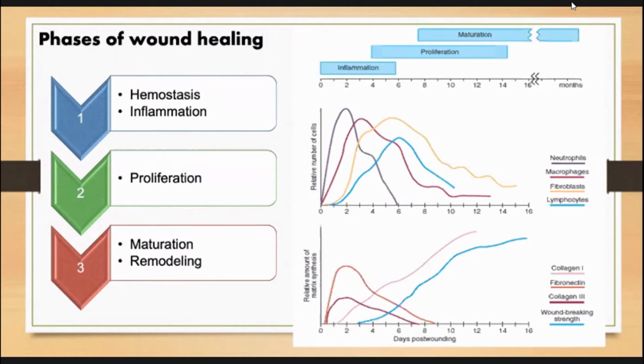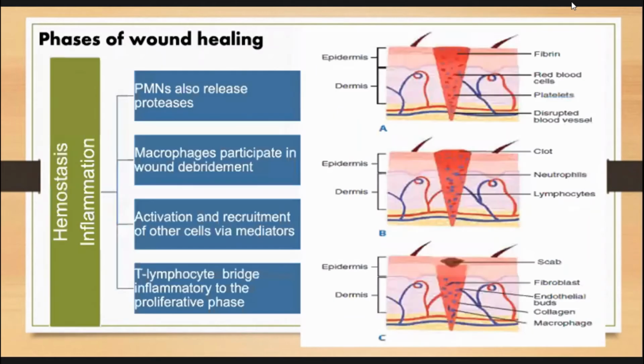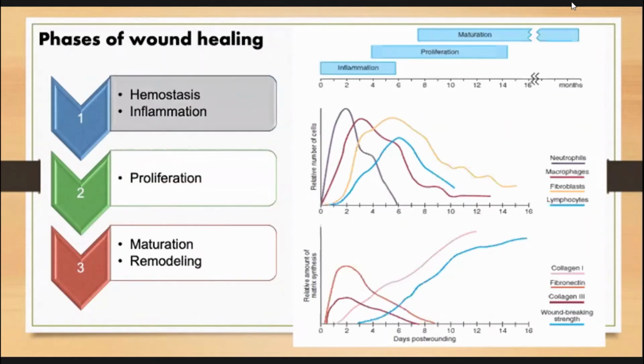And these act as chemotactic factors for neutrophils that would proceed to the site of injury, the most abundant cells in the initial 24-hour period. For your proliferative phase, sorry, after your inflammation or hemostasis, there is the presence of neutrophils, right?